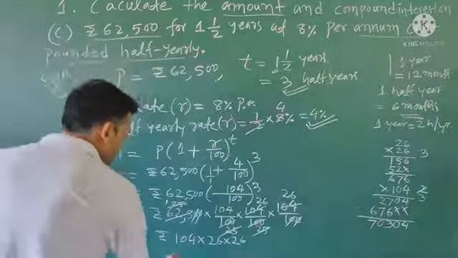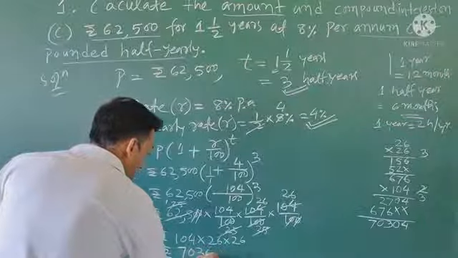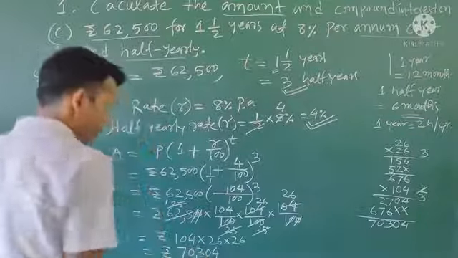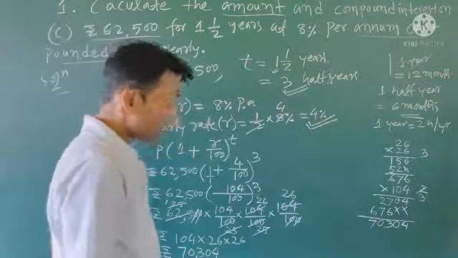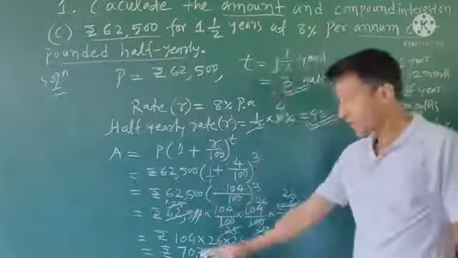So how much we get? Rupees 70,304. So now amount we get is 70,304.